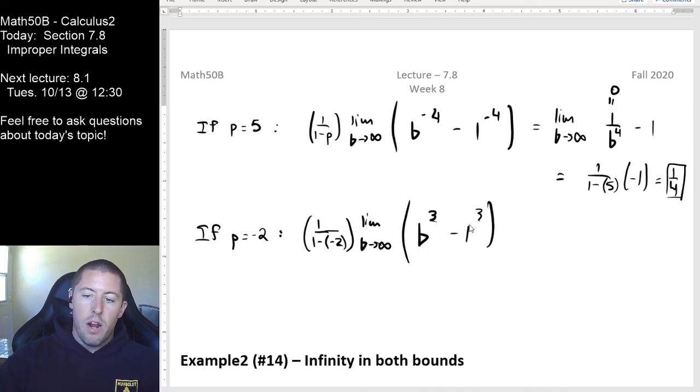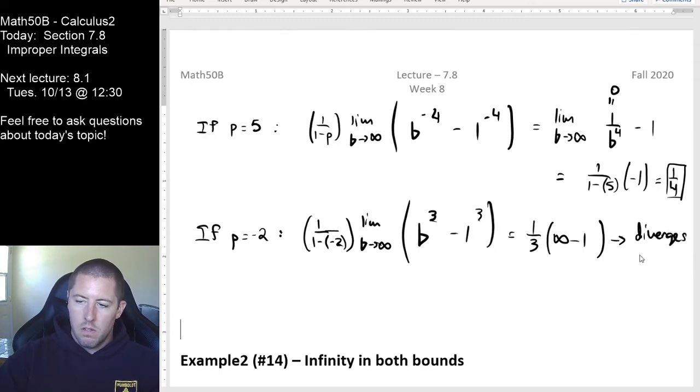Well, you should notice right away that this is clearly diverging. b is going to infinity. b cubed is therefore going to be infinity. Infinity minus 1, still infinity. And we're only keeping 1/3 of that. So it's going to be 1/3 of infinity minus 1. So here I'm going to say my answer is this diverges up to positive infinity.